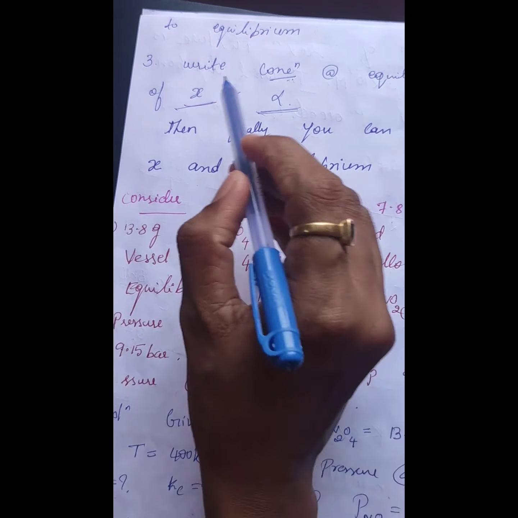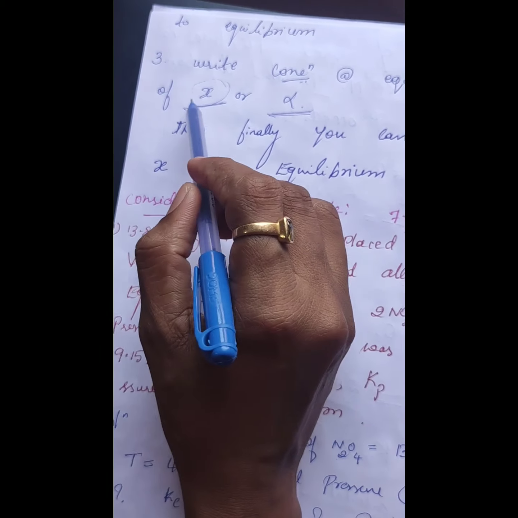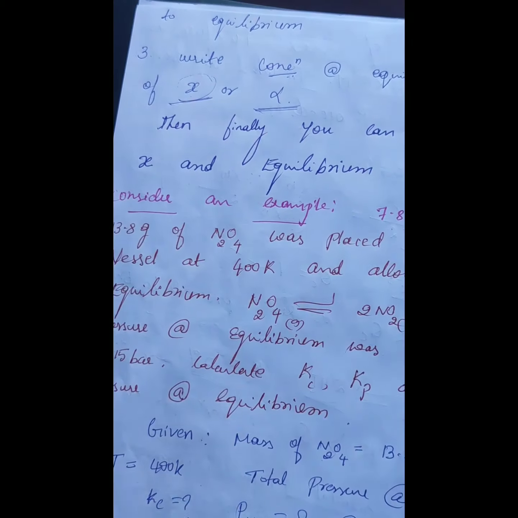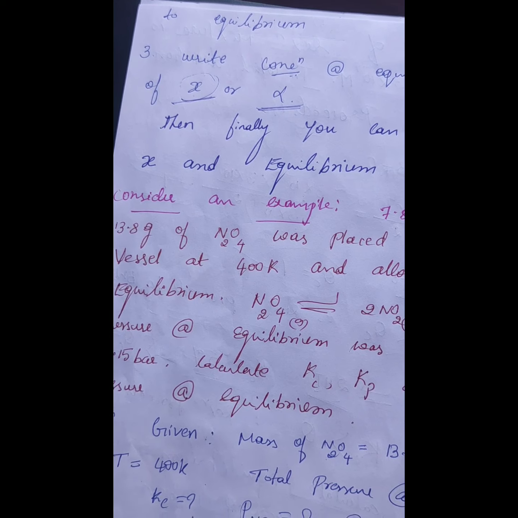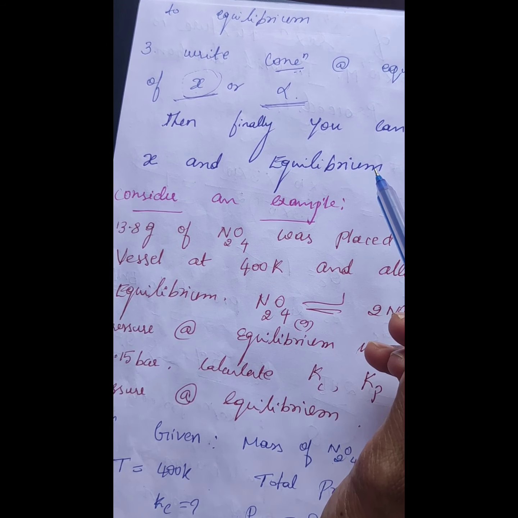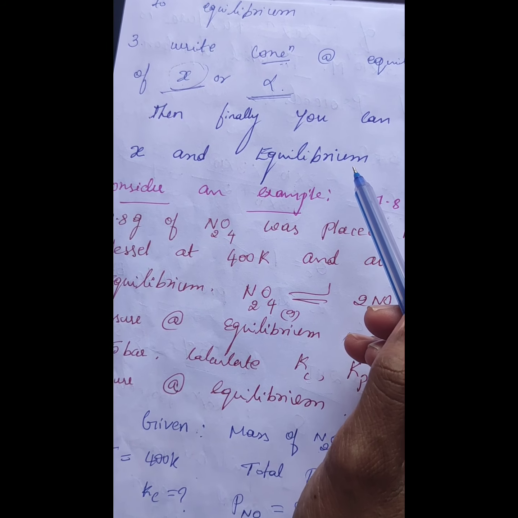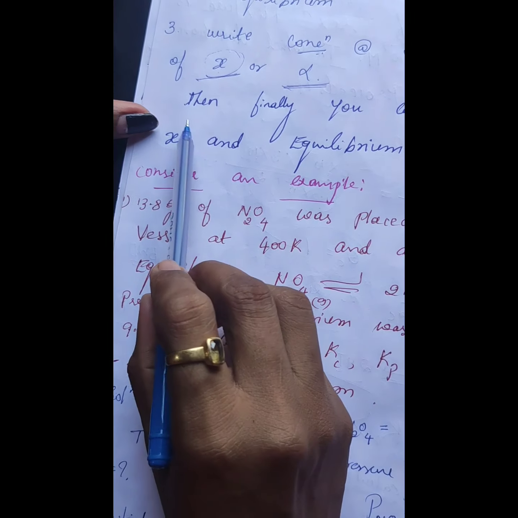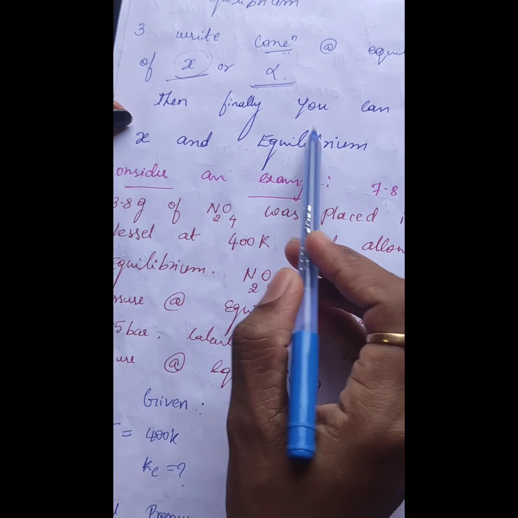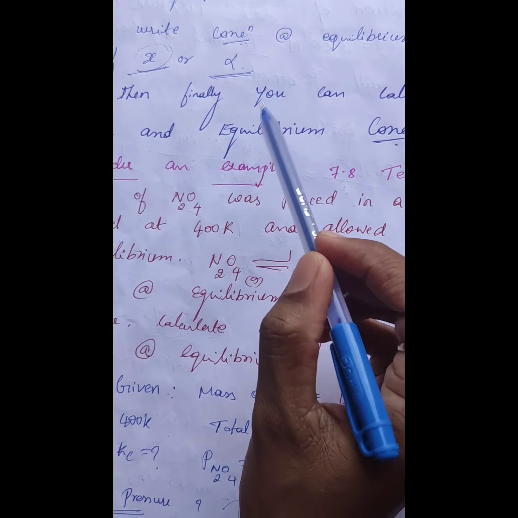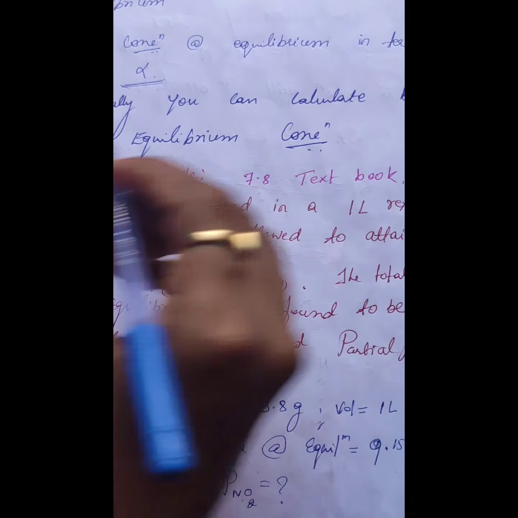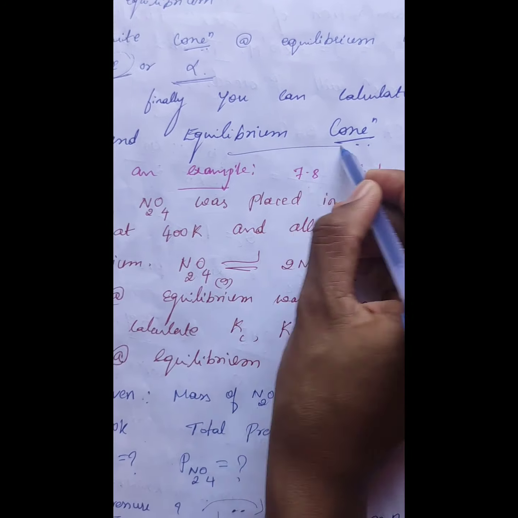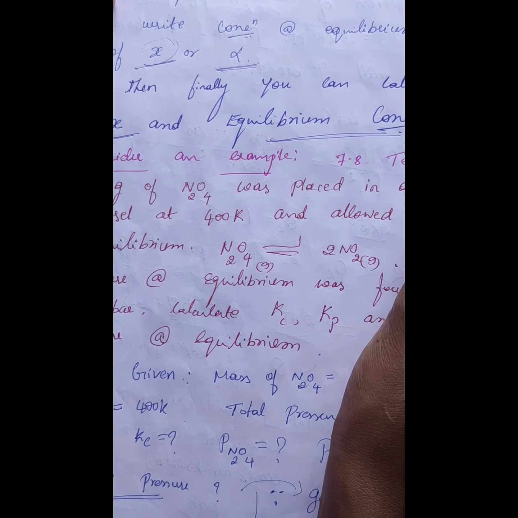Mostly in your NCERT textbook they have considered it in terms of X, so I will represent it in terms of X only. After following those three steps, you can easily calculate finally the value of X as well as the equilibrium concentration.